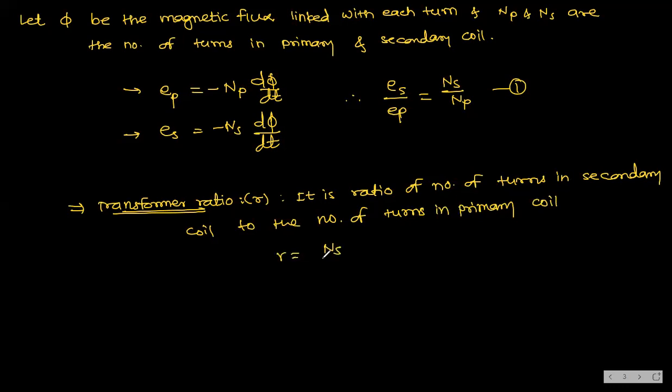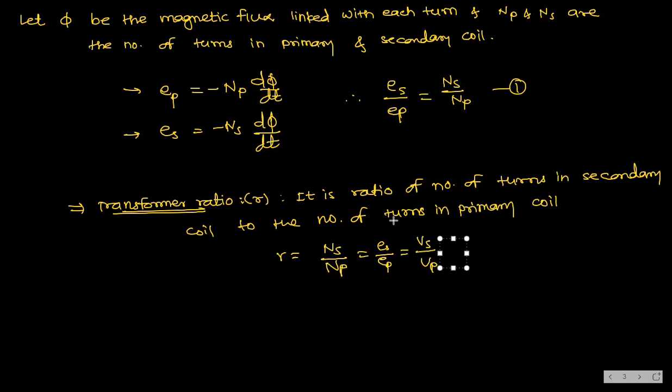So R is equal to NS by NP, which is equal to ES by EP, which is equal to PS by PP, and also equal to IP by IS, but this we will see later in the last.